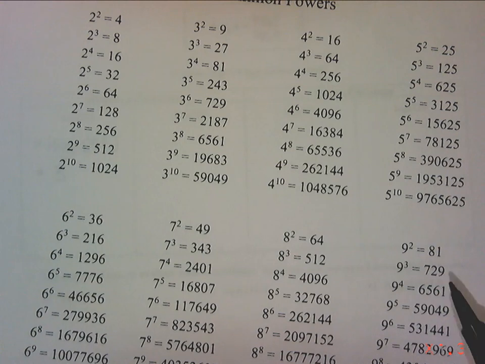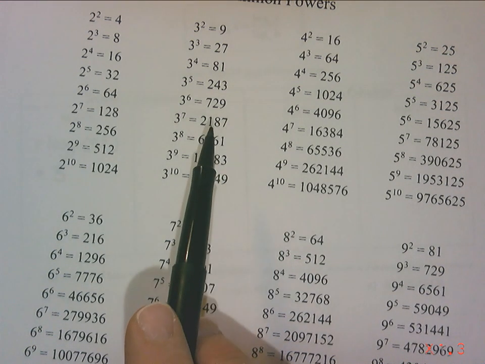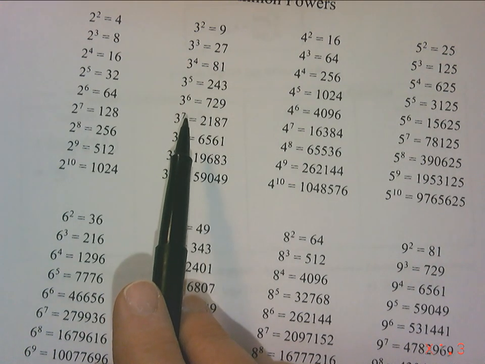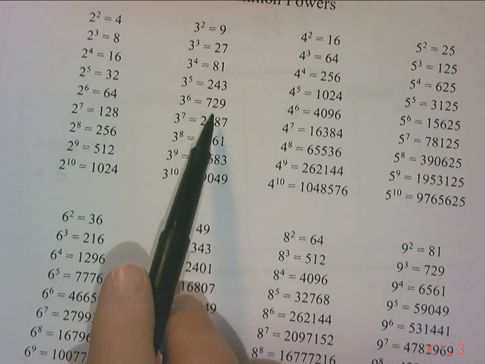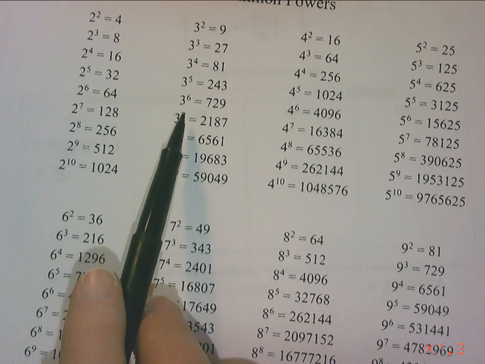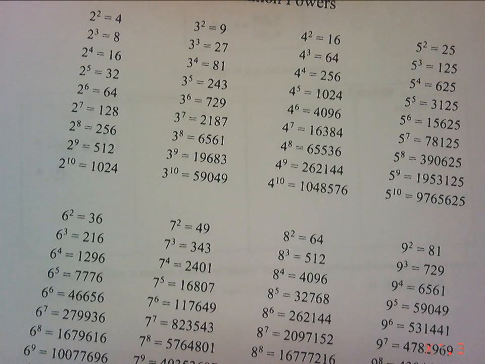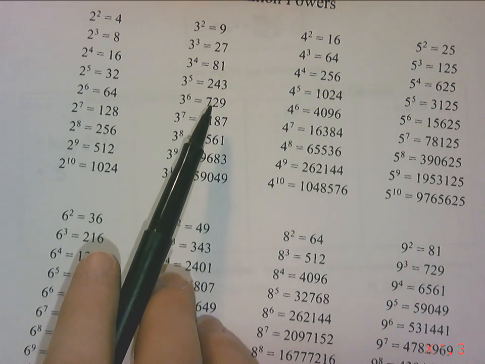It is 9 to the 3, but I also see 729 listed as 3 to the power of 6. So I think another way for us to evaluate this might be to use a base of 3 instead of a base of 9.